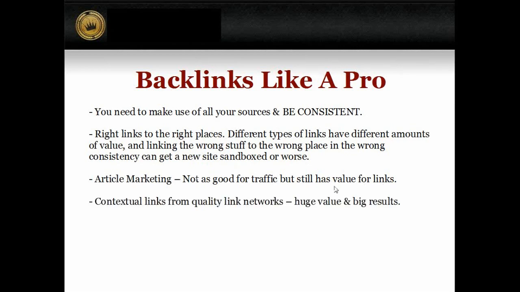The next kind of link is contextual links from quality link networks. What this means is that there's a ton of services out there. And when I say a ton, there's probably 5 that are worth considering. But there are services that provide networks of websites on which you can publish content for the purpose of attaining backlinks.